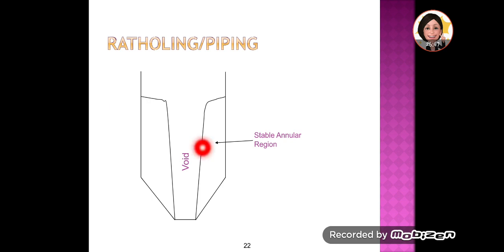This is core flow, where the void is, where the particles keep moving, and the powder here continues to be stagnant. That's rat holing or piping. There's a YouTube video link that I've attached at the end of the slides for you to watch. One of the videos shows a rat holing animation.